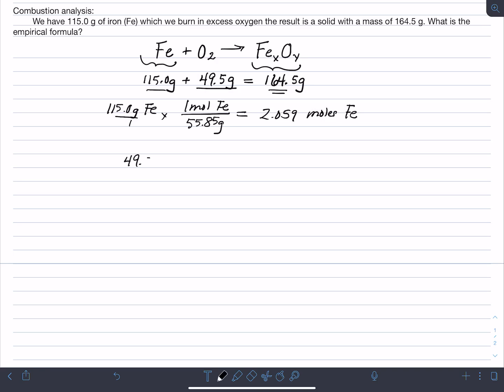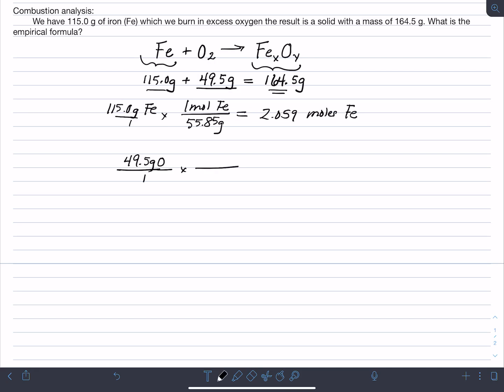Okay, I'm going to do the same thing with my oxygen. I have 49.5 grams of oxygen. Oops, hang on, go back. I'm trying to determine this subscript here. Because I'm determining this subscript, I'm going to use simply O and not O2. That's what I'm figuring out by doing this combustion analysis. I already know how many moles I have there.